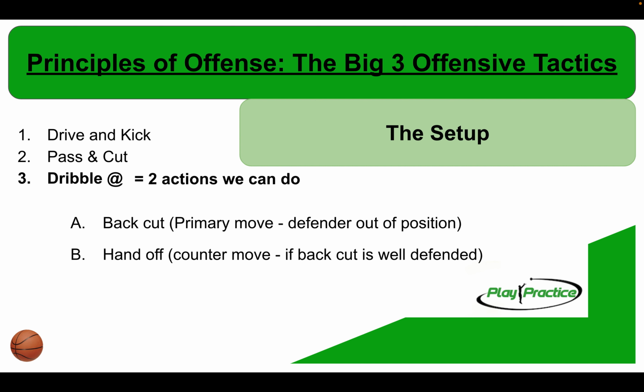The counter move is a handoff. So if the back cut is well defended, they've usually put themselves back in between the man and the basket enough that when that player returns toward a handoff, they have the defender trailing behind them and they have kind of a half-step advantage to go get the ball and get into an attack.